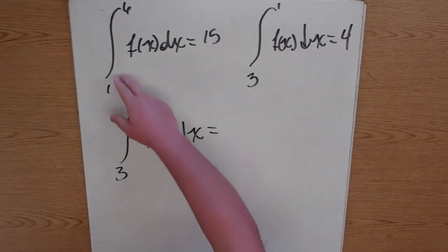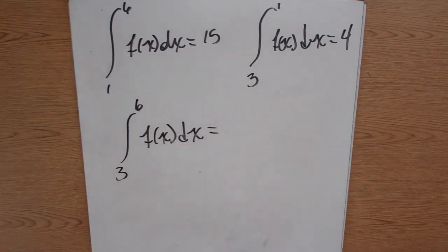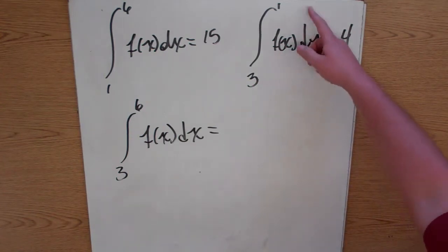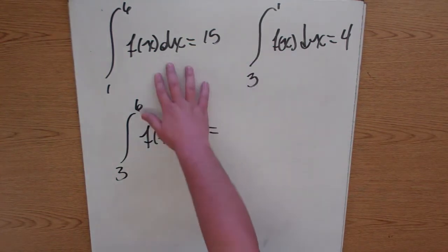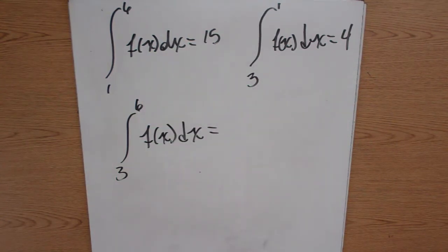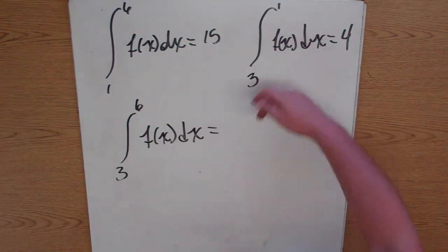So if we know from 1 to 6 it equals 15, and from 3 to 1 it equals 4. Now, remember, from 3 to 6, all we have to do is take this value and subtract it from this value. But this is backwards, so we need to flip this.